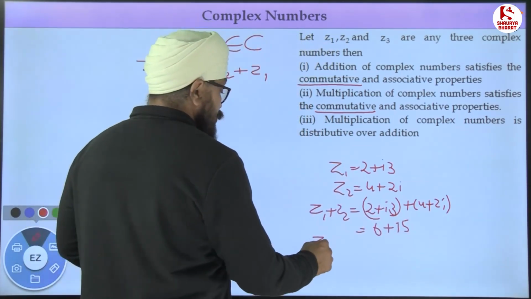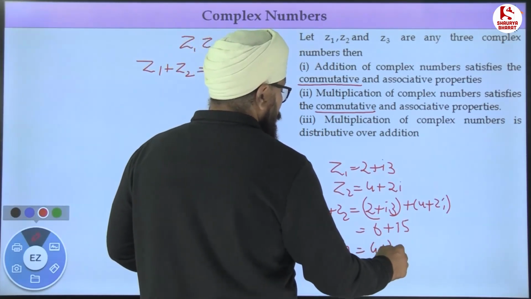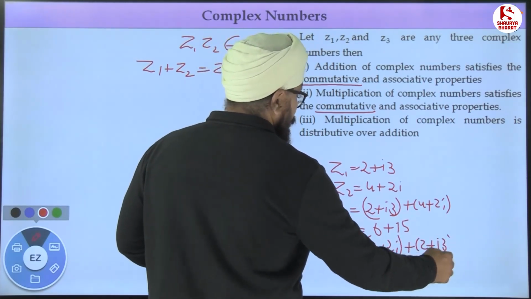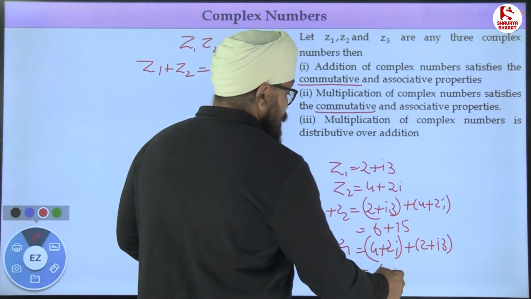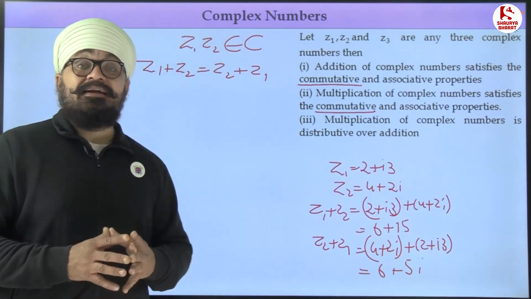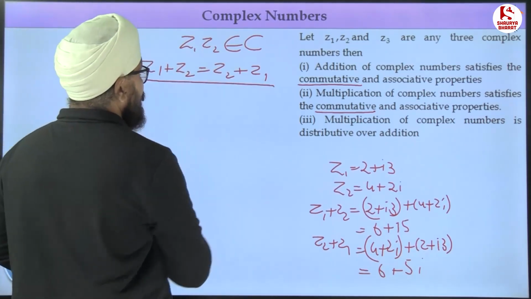If I go with Z2 and then add it with Z1, that is 4 plus 2 iota added to 2 plus iota 3, it is giving you the same result. 4 plus 2 is 6 and iota 2 plus 3 is 5. In both the cases, we are getting the same result. So, that means it obeys the commutative law for addition.